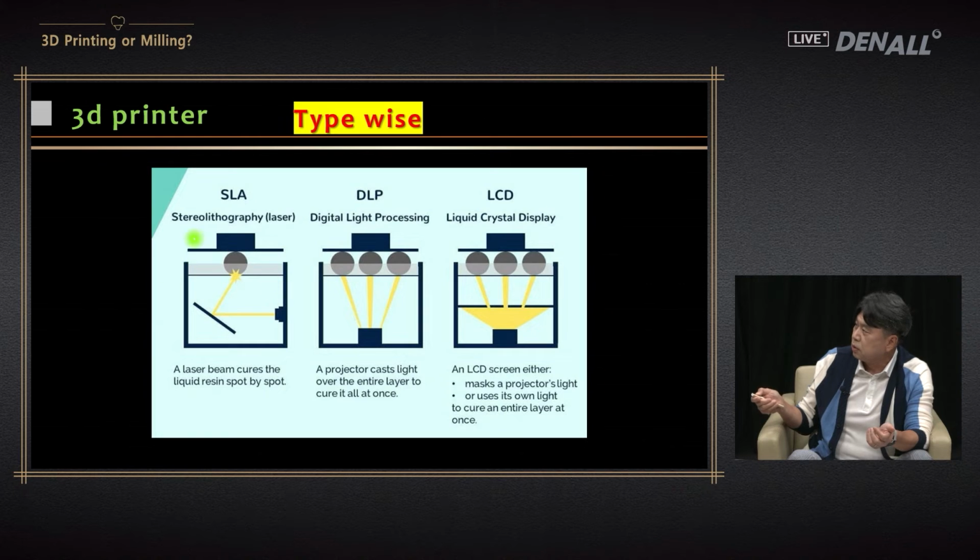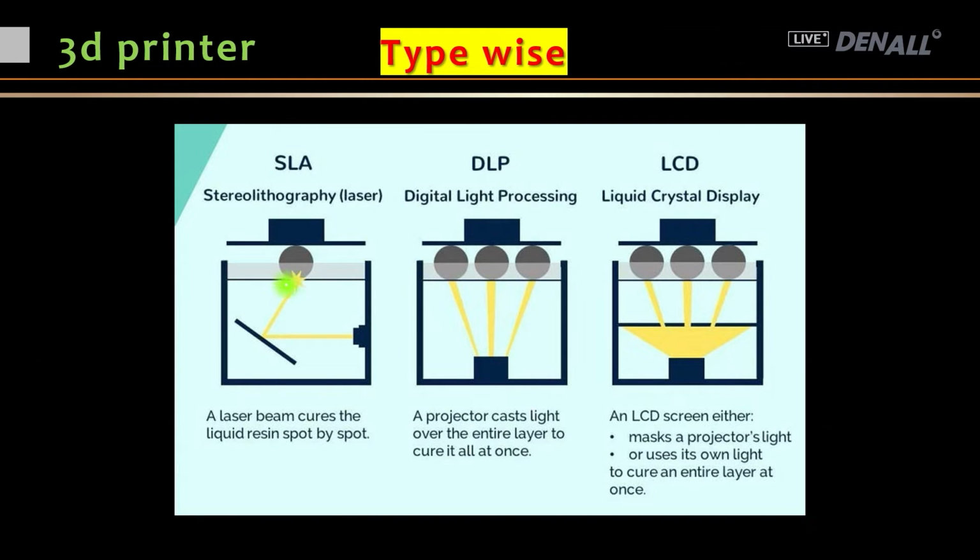There is the LCD panel to determine whether light can pass there or not. If you look at it here, SLA type, the laser is cast, so special type, DLP, there's some light source at the bottom. An image is already determined when light is emitted from the light source with DLP, but with LCD, the image is not decided at the light source.